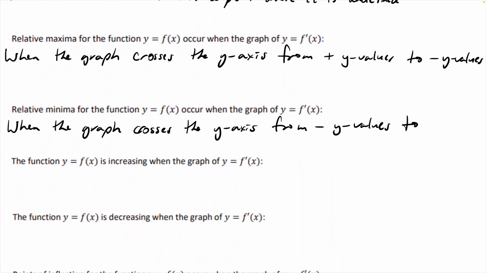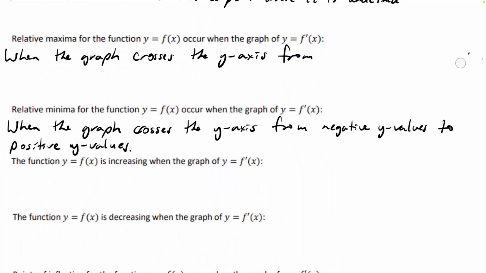It's positive and negative. To positive y values. Okay.